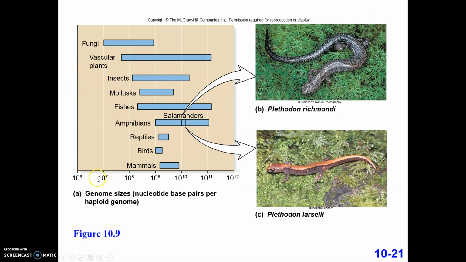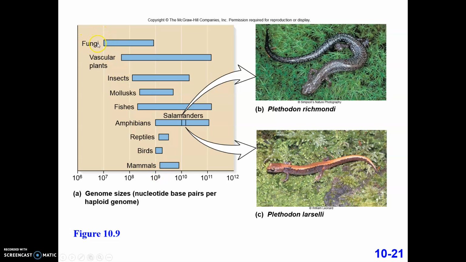So here, for example, is a chart that shows length of genome size, or the amount of bases present. So here's a million, 10 million, 100 million, and so forth.